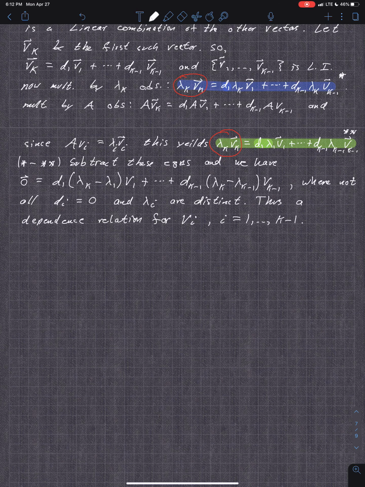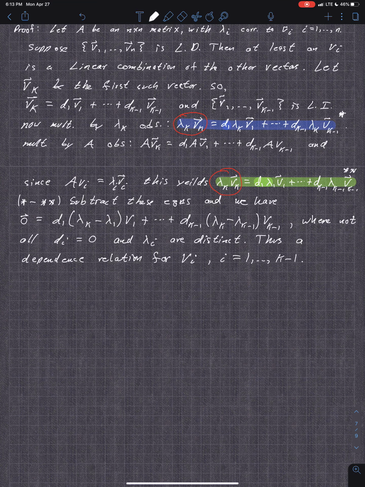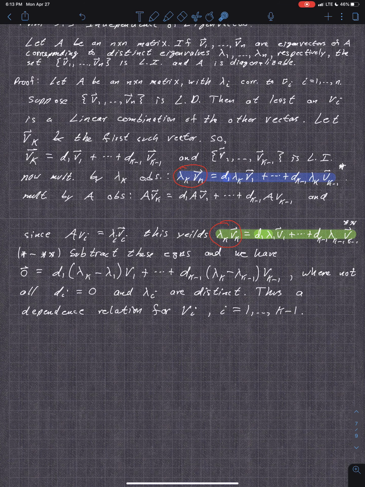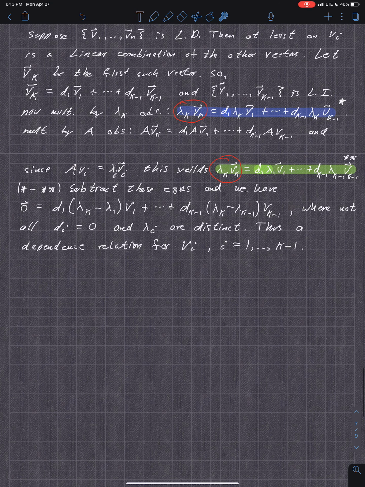Let's go back: we assumed the set is linearly dependent, so v sub k is equal to this combination, where not all the d sub i's are 0, and the lambda sub i's are distinct. By this manipulation and subtraction, we get 0 is equal to this.